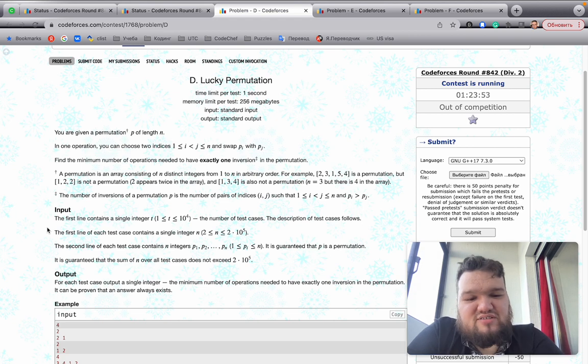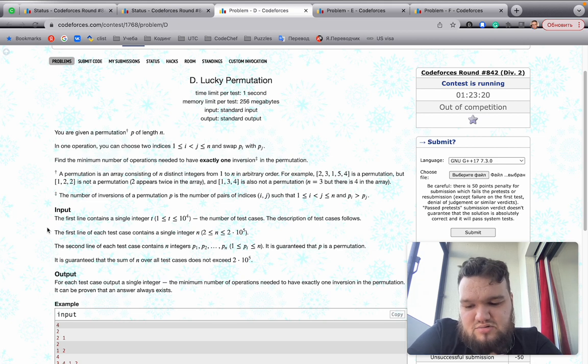Sorted permutation has n cycles. So if we initially have m cycles, and in one operation we can either increase the number of cycles by 1 or decrease the number of cycles by 1, we have to do at least n minus m operations to get to n cycles, and each of those operations should split one cycle in two.